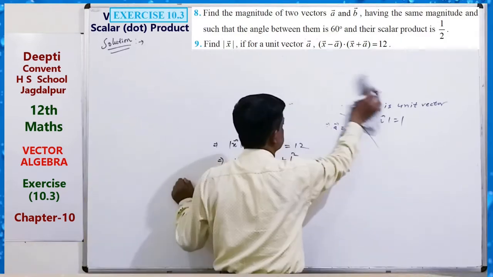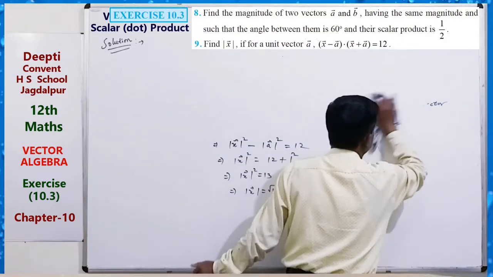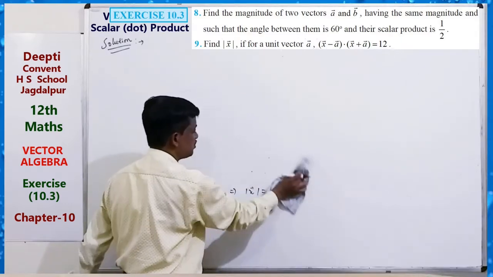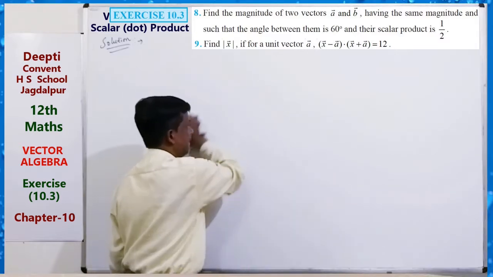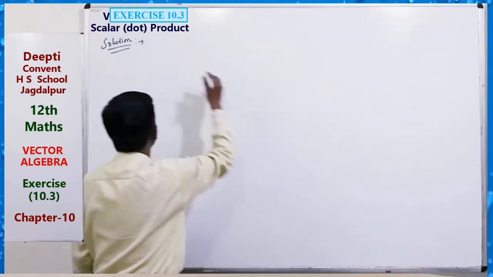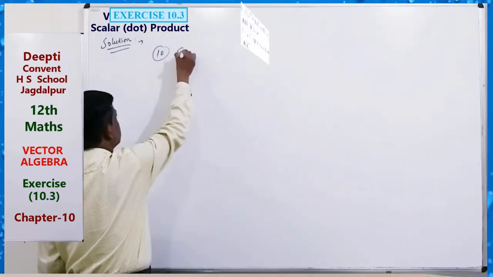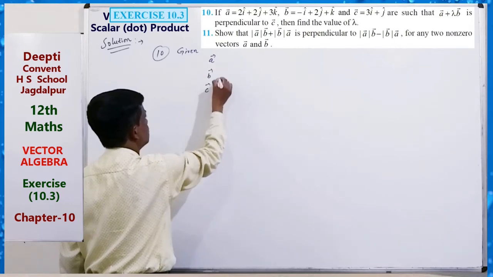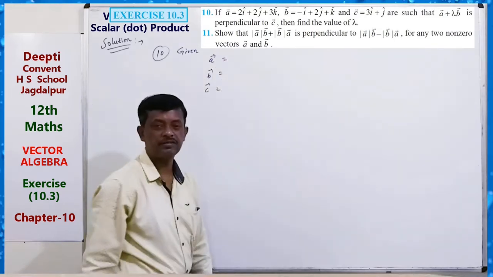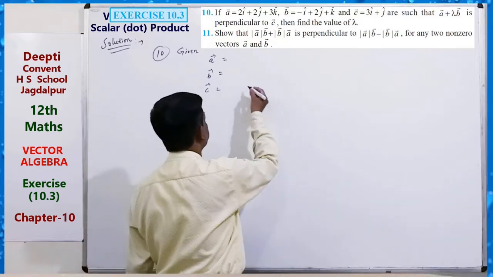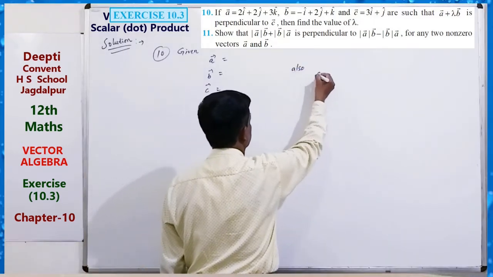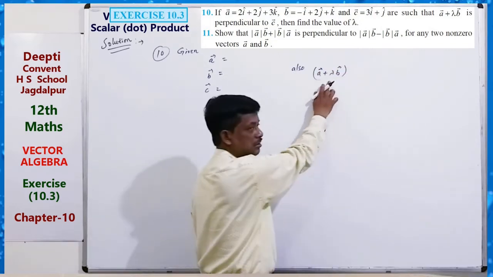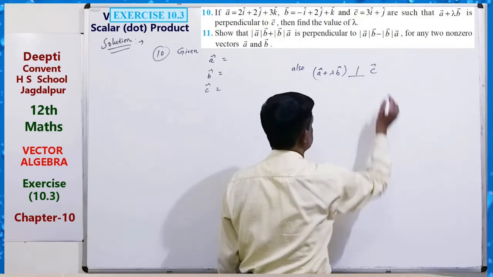Three vectors are given, A, B, C, and the given condition is A plus lambda B is perpendicular to C. This combination is perpendicular to the C vector.